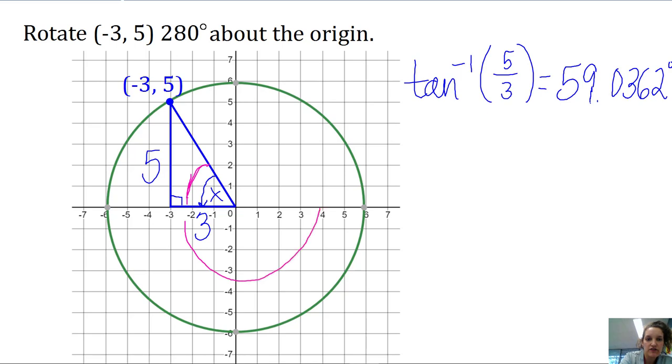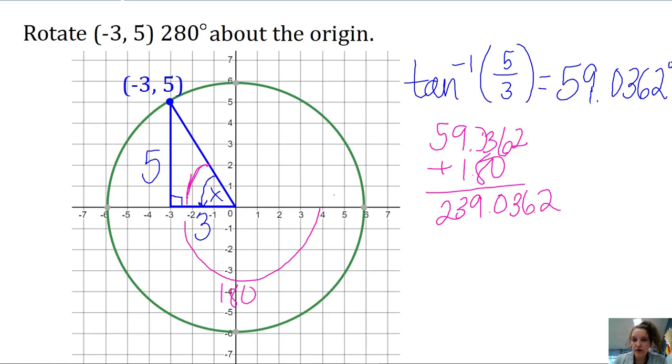Then I'm going to go 180 degrees to get to the opposite side of the x-axis. 59.0362 plus 180 gives me 239.0362 degrees.